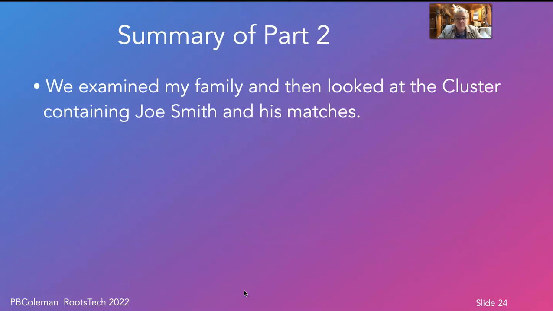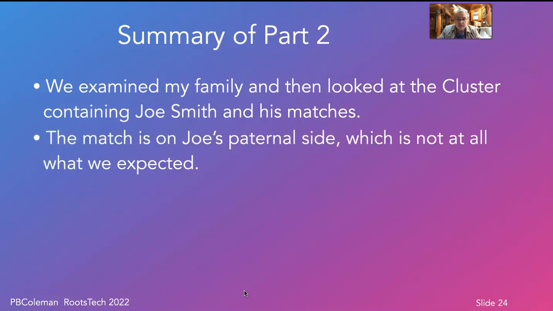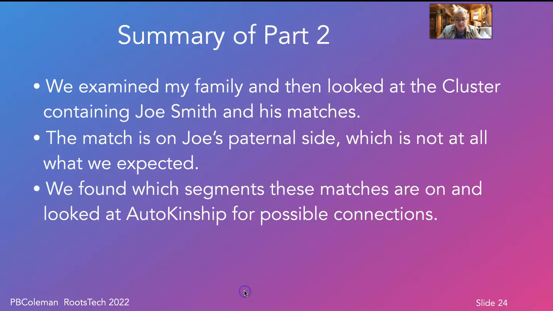So in summary, we examined my family in more detail, and then we looked at the cluster containing Joe Smith and his matches. We found that the match in this cluster is on Joe's paternal side, and that's not at all what Joe and I had expected from our earlier discussions.